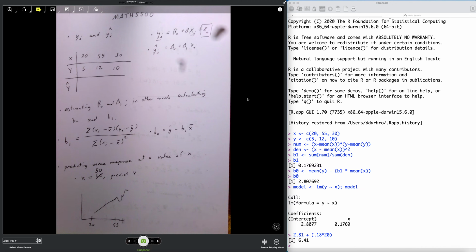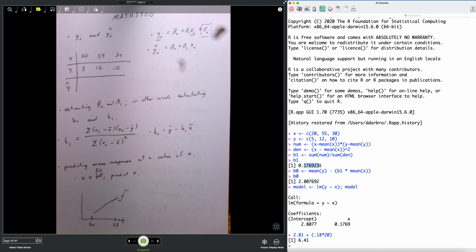And I've illustrated that with R. So what I would do here is take the numerator. I just called it the numerator because I'm not that clever with naming things. And then the denominator, I would just take the deviation squared. Then I could create b1 by taking the sum of the numerators divided by the sum of the denominators.